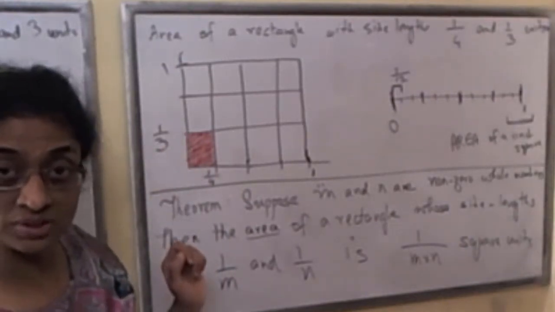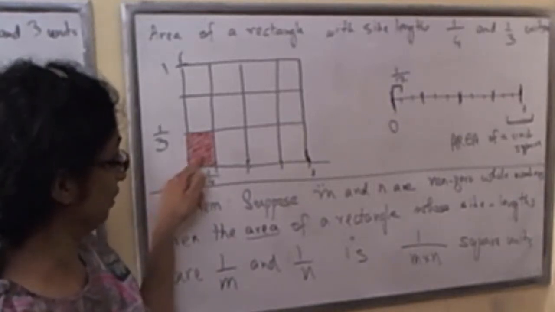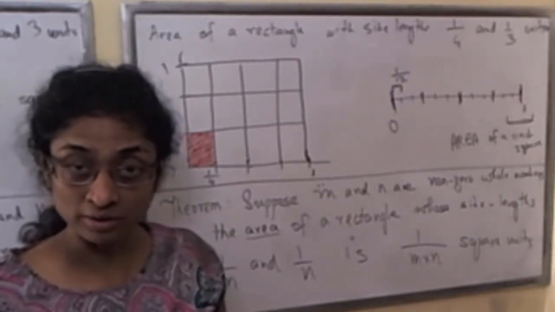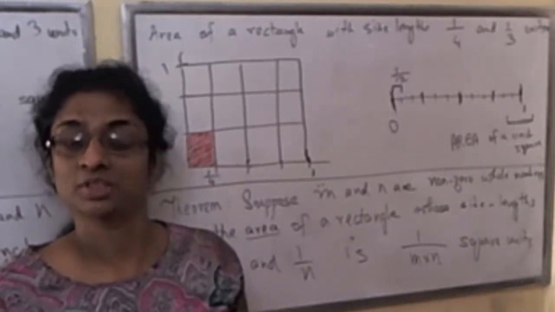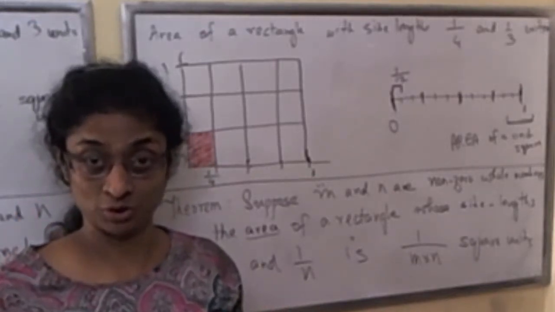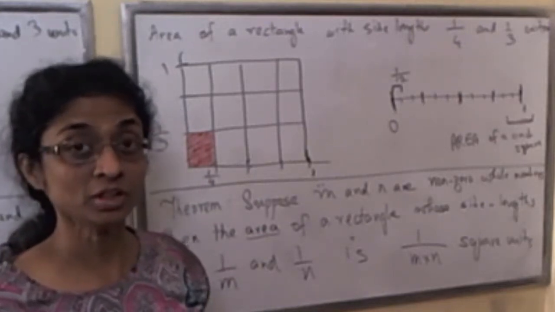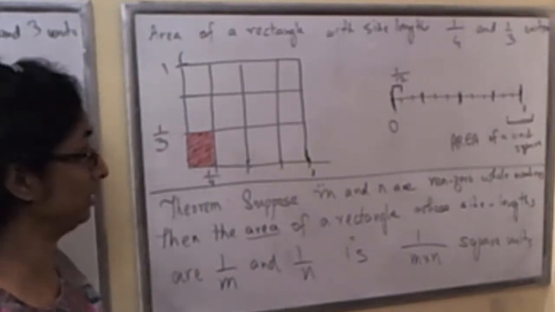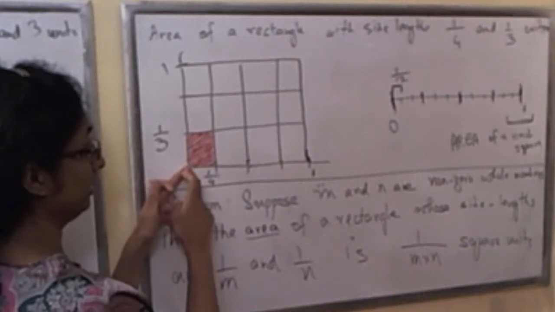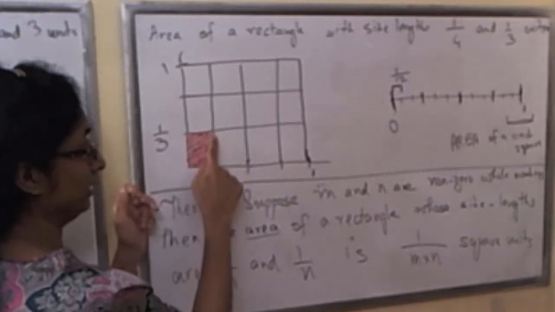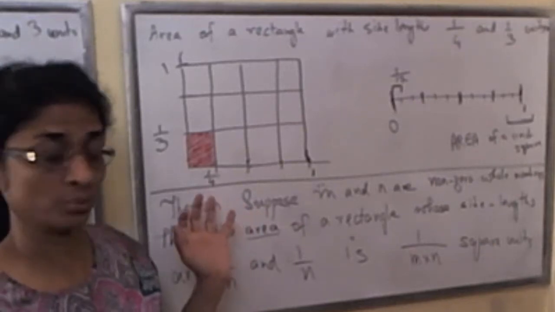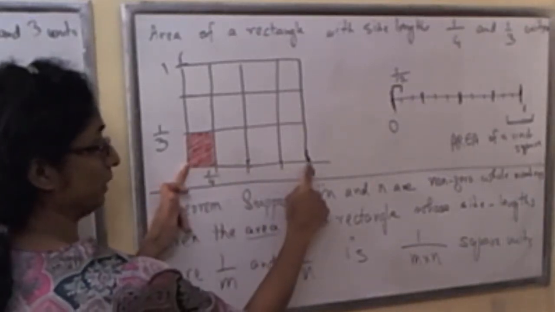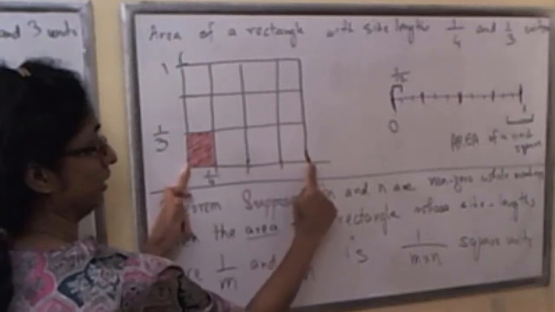And I would like to assign a number to this red rectangle and call it the area of that rectangle. When I do so, I must follow the rules or the assumptions of the area. So here's how I proceed. I realize that this rectangle really is part of a unit square, and I complete this picture of a unit square.